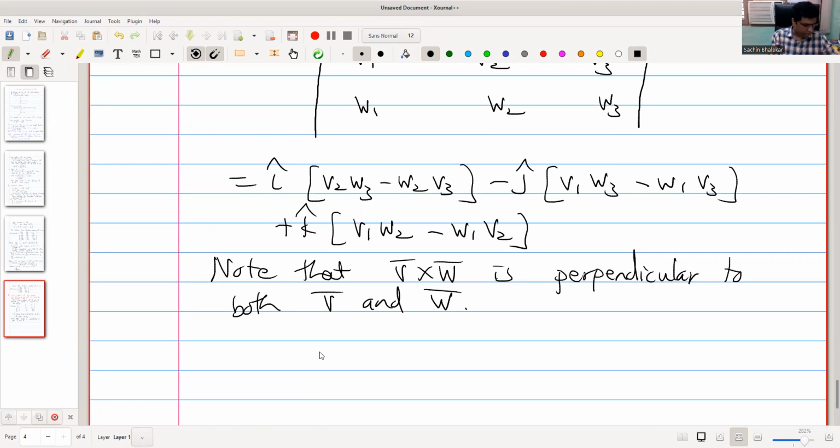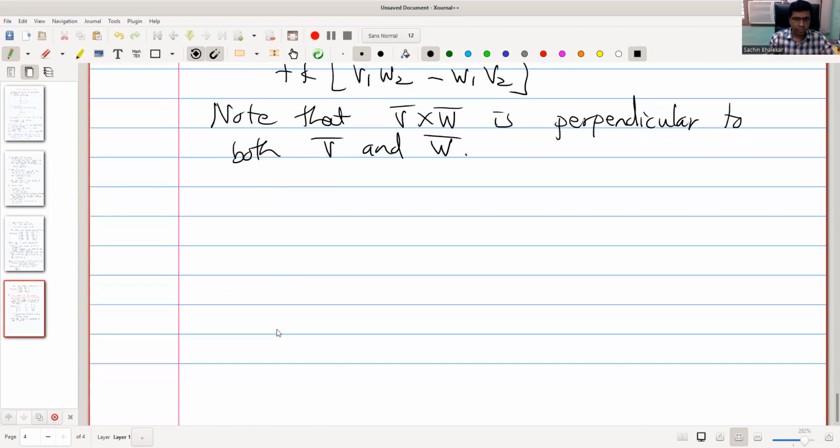So we consider a vector field in R3. The curl of a vector field.